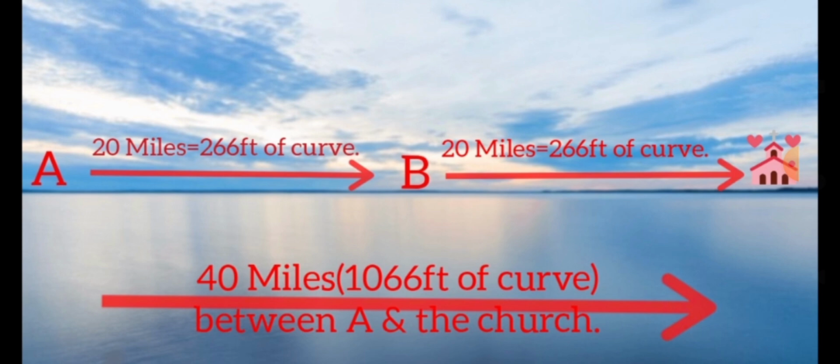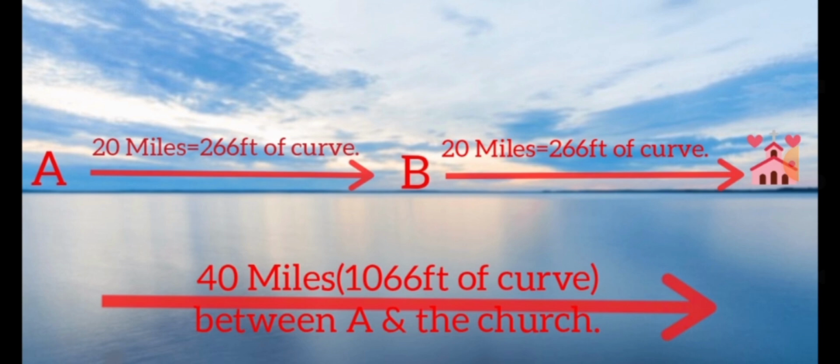The problem is, when observer A wants to get in on the action and have a look at the Church of Love, if what he was seeing over the first 20 miles of his observation was physically true and not optically true, according to the globe Earth mathematics, the second half of his 40-mile observation, essentially the last 20 miles, there should be 800 extra feet of curve.